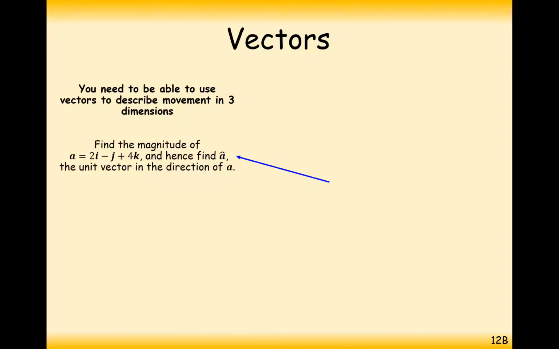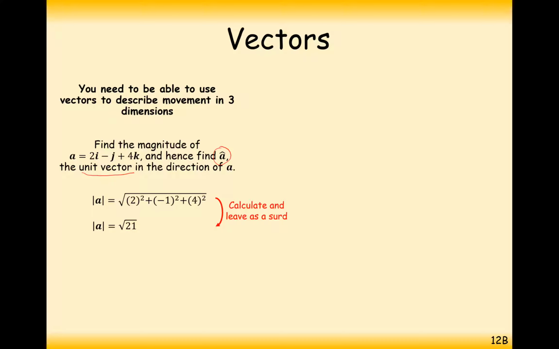So what you'll see is that the way we make a unit vector, which is represented with this type of symbol here, is by working out the magnitude of the vector and then dividing each of the x, y and z components by the magnitude of that vector. So work out the magnitude first, and in this case it's square root of 21. To work out a unit vector, we now divide the original vector by the magnitude.